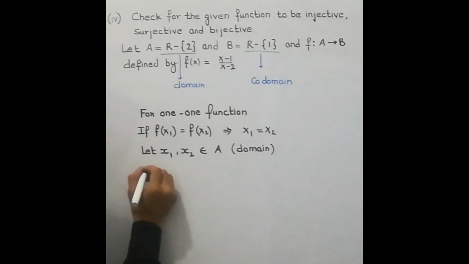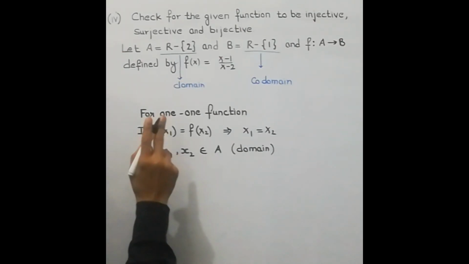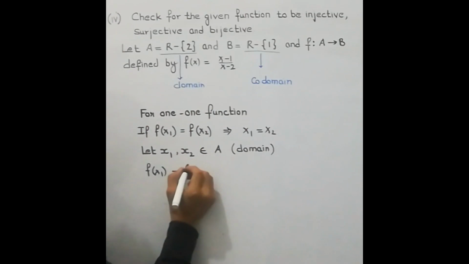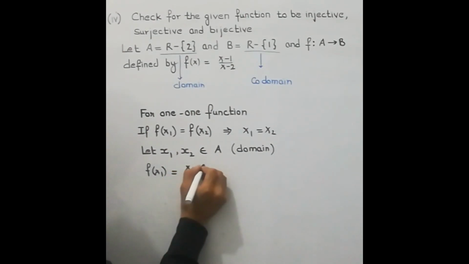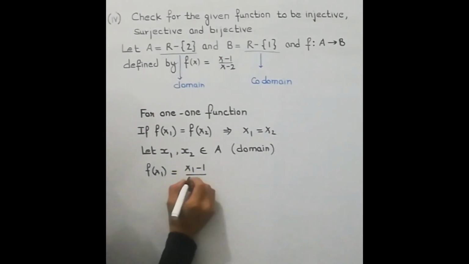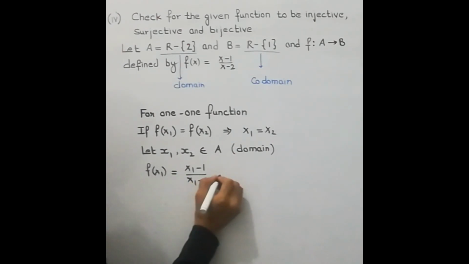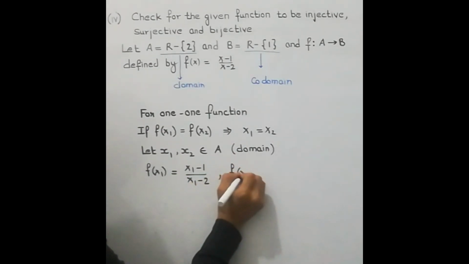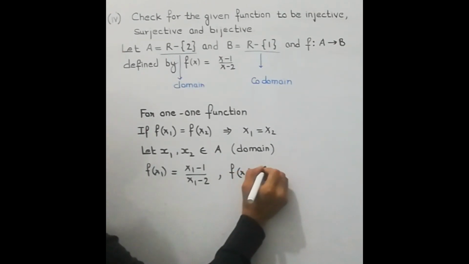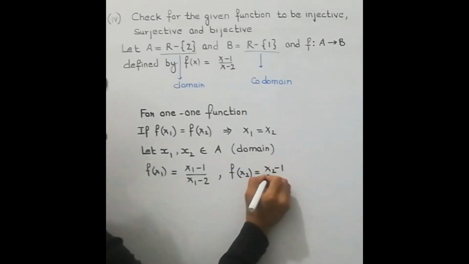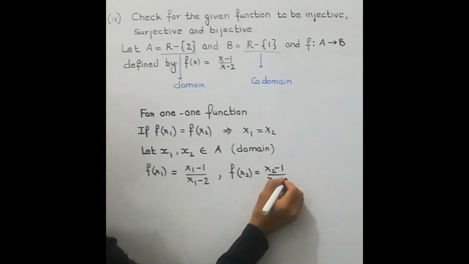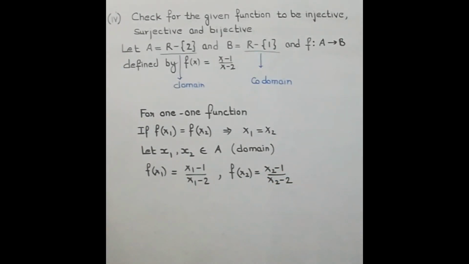So from here what will be our f(x1)? Substitute there. Here it will be (x1 minus 1) upon (x1 minus 2), and what will be f(x2)? (x2 minus 1) upon (x2 minus 2). So we have taken any two elements x1 and x2 belonging to the domain and we have got the functional values at x1 and x2.